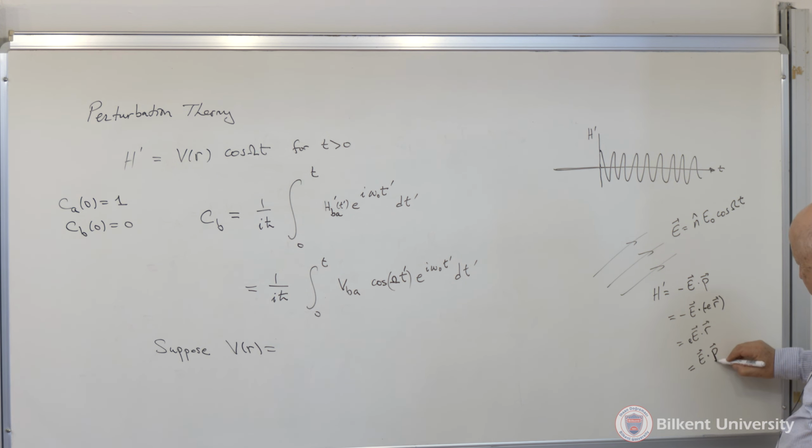I should really make this a different kind of symbol. Your textbook uses this curly P, but effectively this is just e times r.